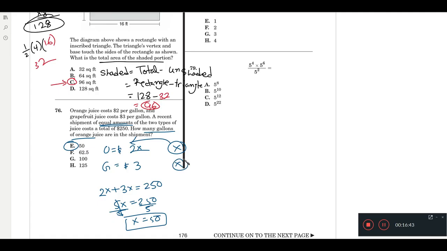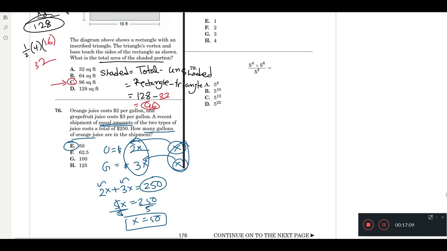And X gallons of grapefruit will cost how much? 3X. So this is the cost. They don't have the cost, they have the number of gallons. So we multiply the number of gallons by its cost and set it equal to the total cost, and then we solve for X. When you get the value of X, that's actually the number of gallons. It means they have 50 gallons of each.